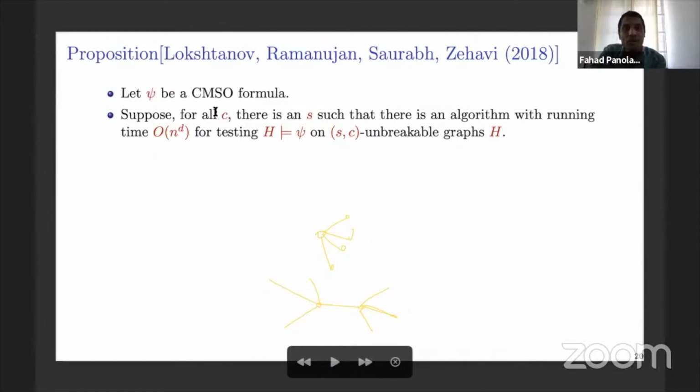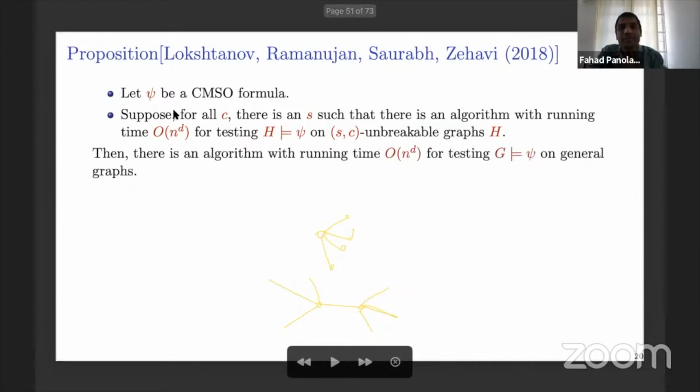Here, for all C, this S is given by this theorem. Then this result says that there is an algorithm with running time order n to the d for testing whether G satisfies this property on general graphs.